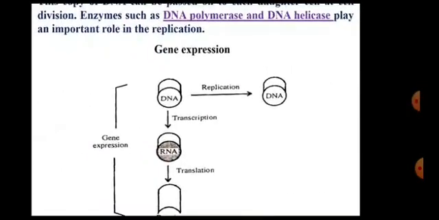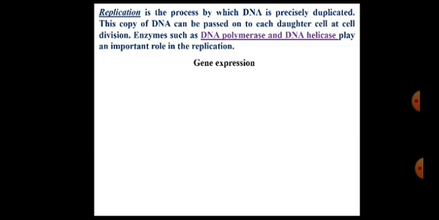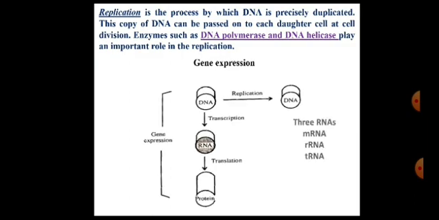That is called translation. Now let us understand the process of transcription and translation. This process involves the role of three types of RNAs: mRNA, that is messenger RNA; rRNA, that is ribosomal RNA; and tRNA, that is transfer RNA.